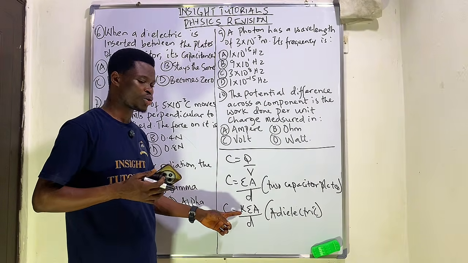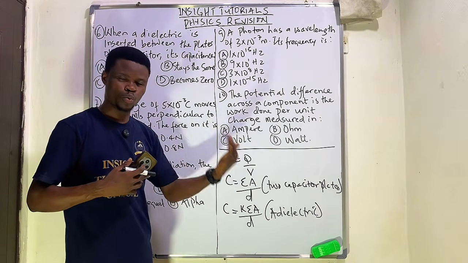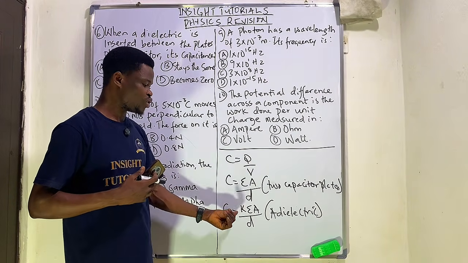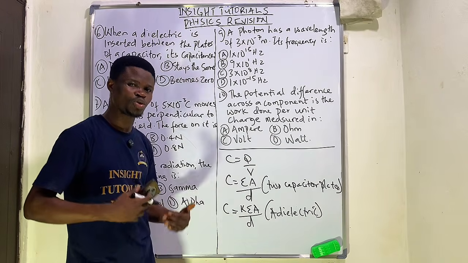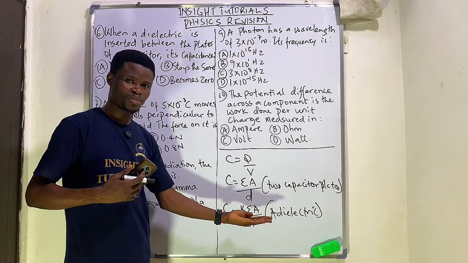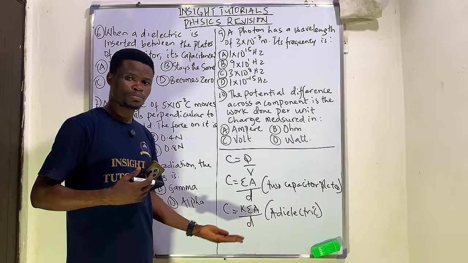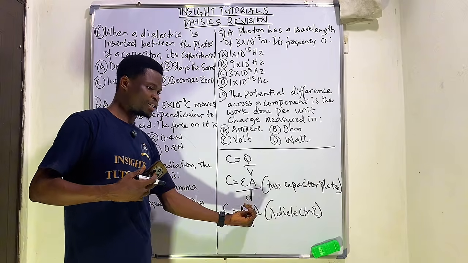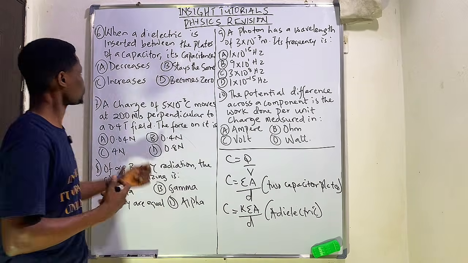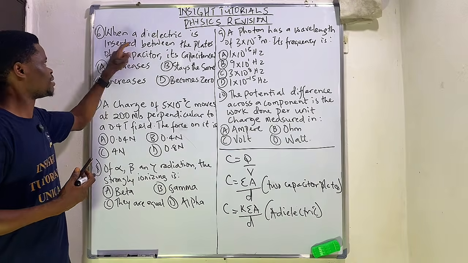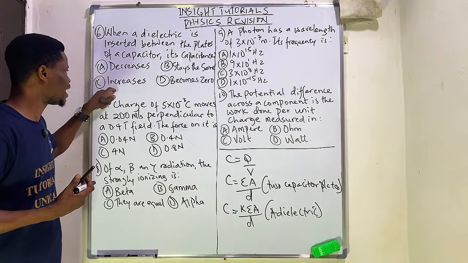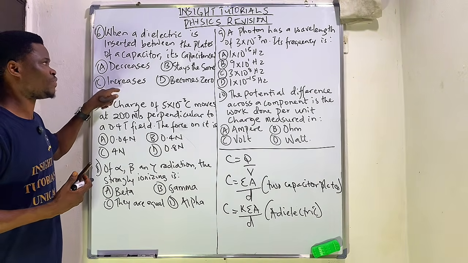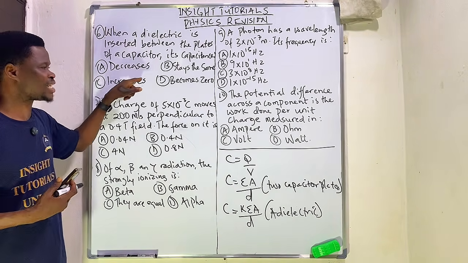And this dielectric constant is always greater than 1. Now notice, if you introduce a dielectric, the capacitance is going to increase. You notice their relationship, they are directly proportional. So addition of a dielectric inserted between two plates of a capacitor will lead to an increase of that capacitance. The capacitance will increase.